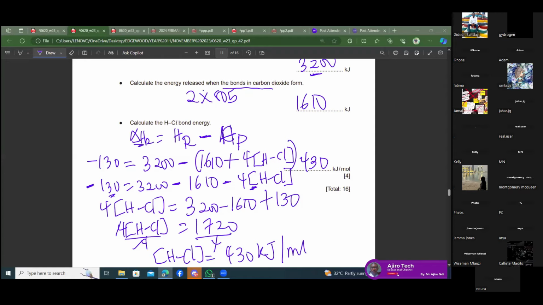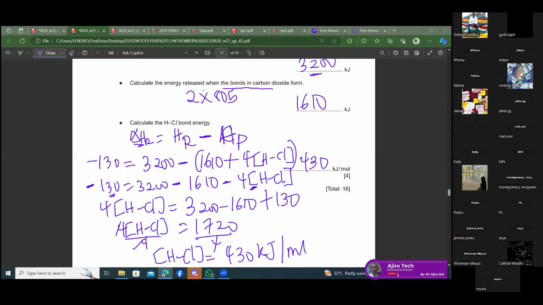Expect some questions from paper 6, such as tests for ions, tests for hydrogen gas, oxygen gas, carbonates, sulfur dioxide or the sulfite ion. Expect questions on flame tests. Sodium gives a yellow flame, potassium gives a lilac flame, and calcium gives an orange-red.